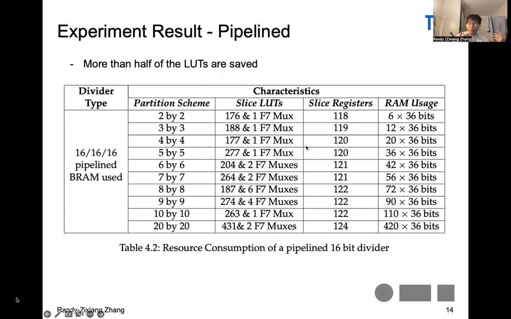And here's the result for our resource consumption. We can see that the usage of lookup tables is significantly reduced. Almost half of the lookup tables are no longer needed, and that information goes into the RAM.